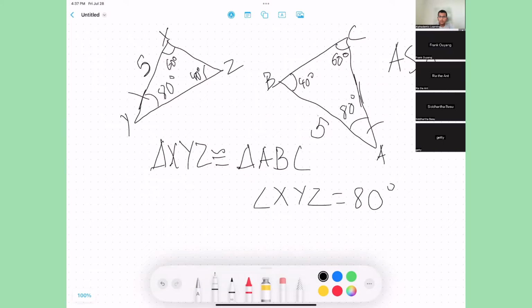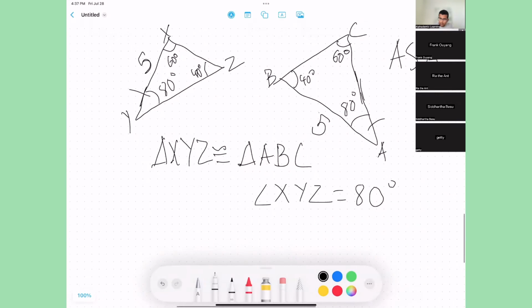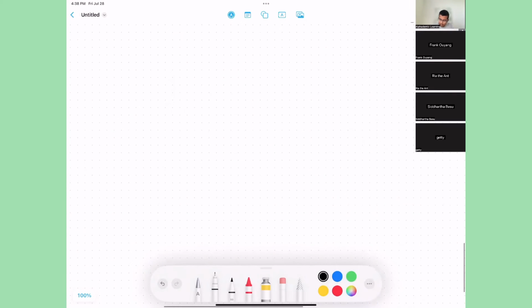Does that make sense? Okay, I'm just gonna take that as a yes. So we'll cover one more type of congruence, which is AAS. Sorry, I said ASA, but I mean AAS.